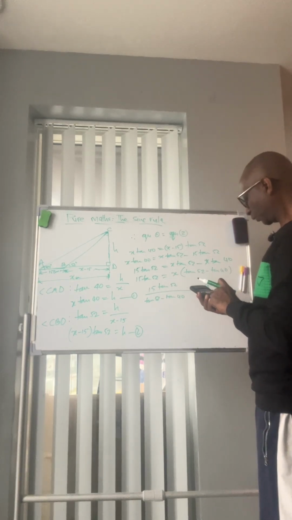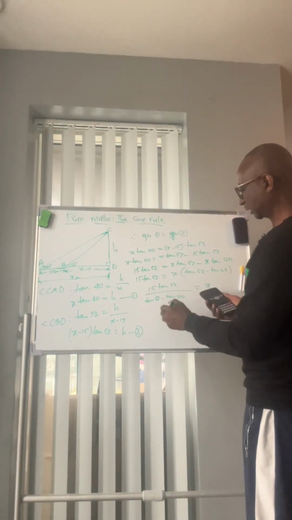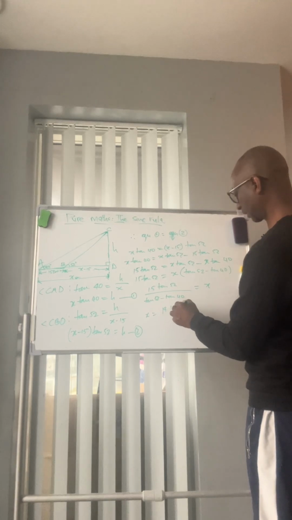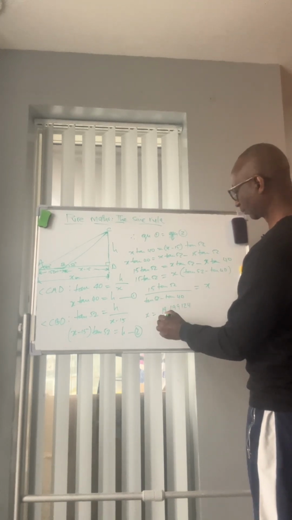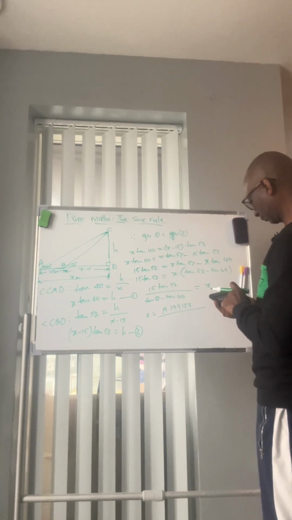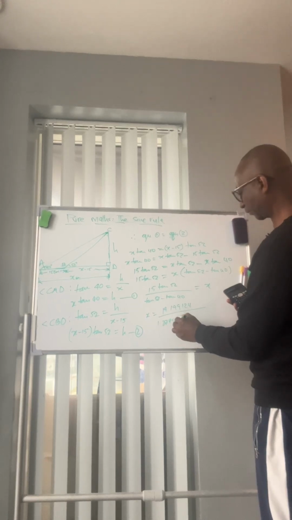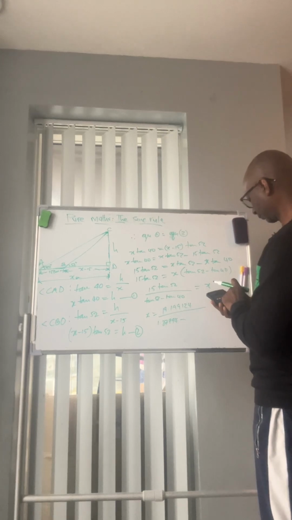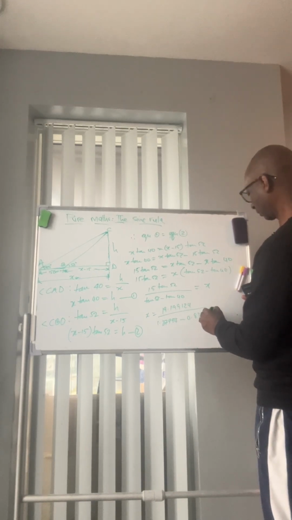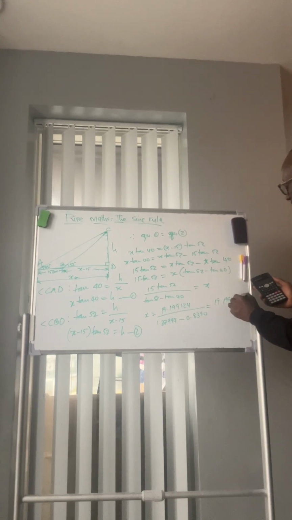15 times tangent 52 gives us 19.19912. Let's stop there.